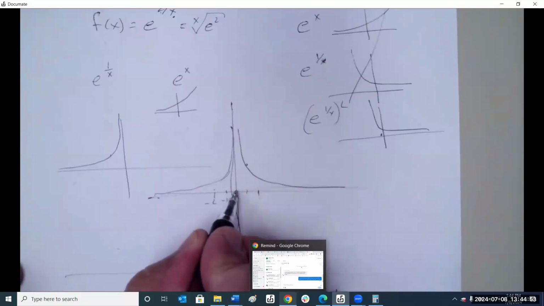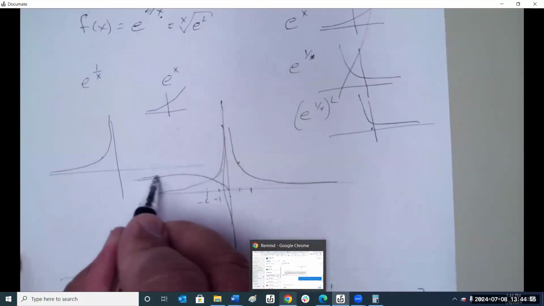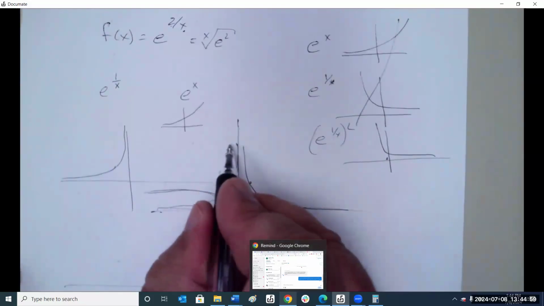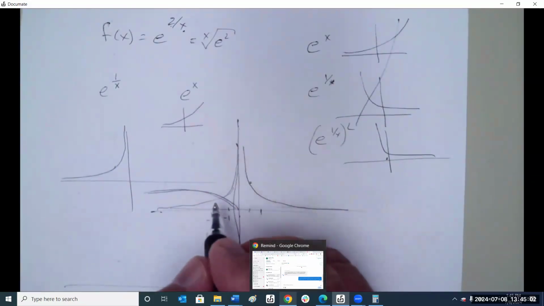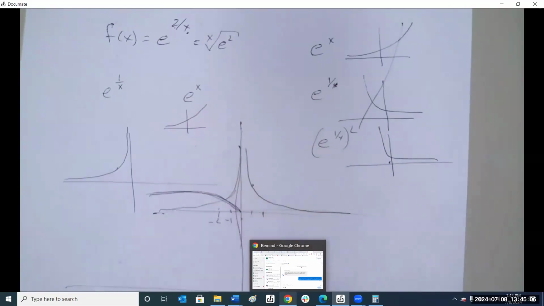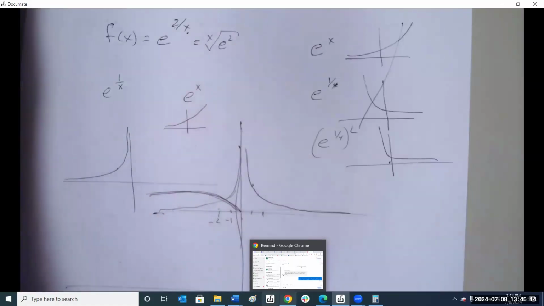That makes sense because this whole side here, when we have 2 over x, it's a decreasing function on the negative side. Very good, thank you.